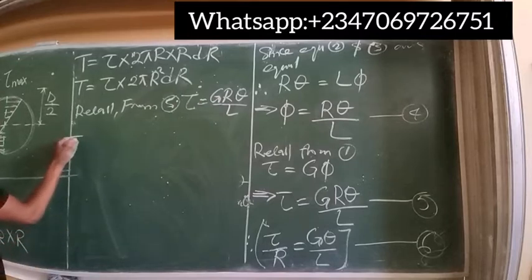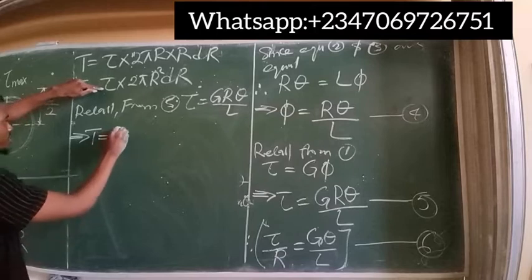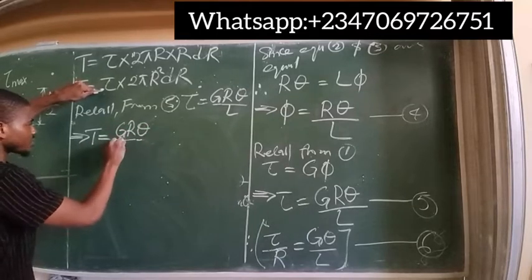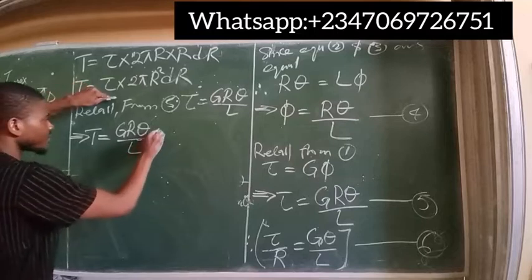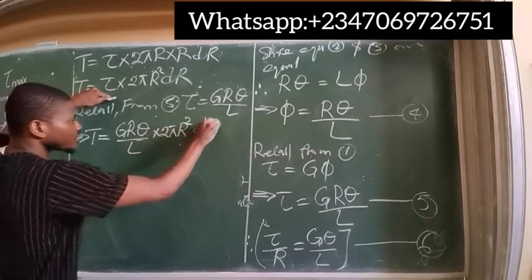So the torque T is now equal to, in place of shear stress, G r theta all over length, times 2 pi r squared dr.